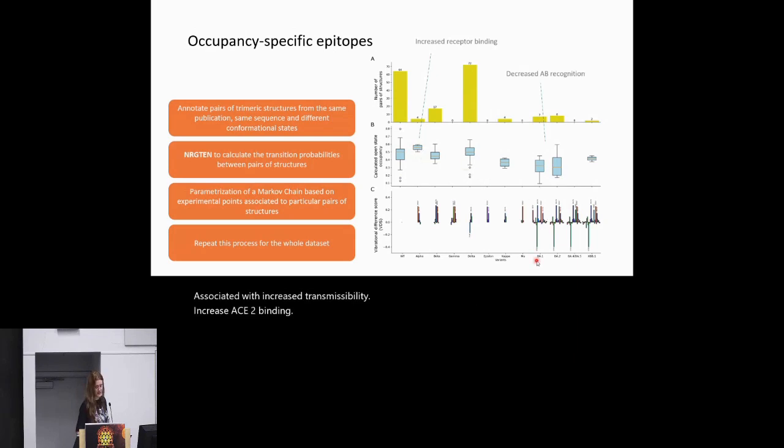But particularly since BA.1, there's a decrease in this open state occupancy, probably associated with immune escape. And considering the previous results for the single mutations that we modeled, this is probably associated with one particular mutation that appeared in the Omicron subvariants, which is at position 375.